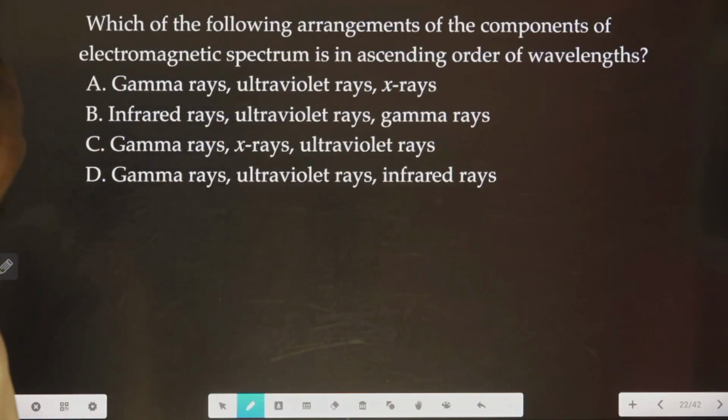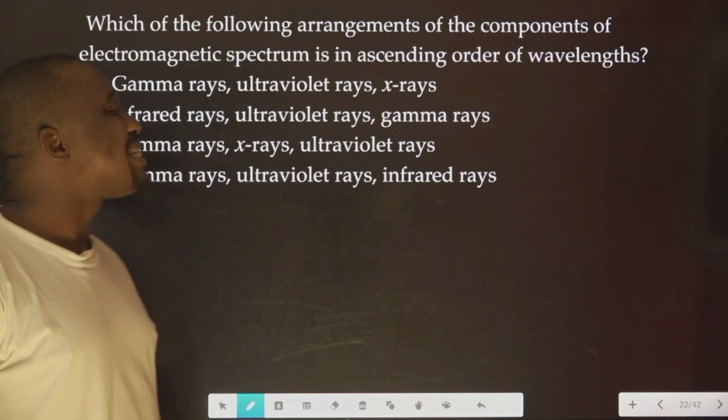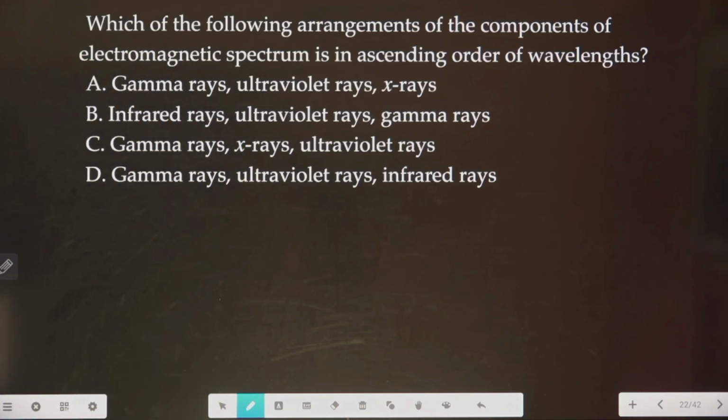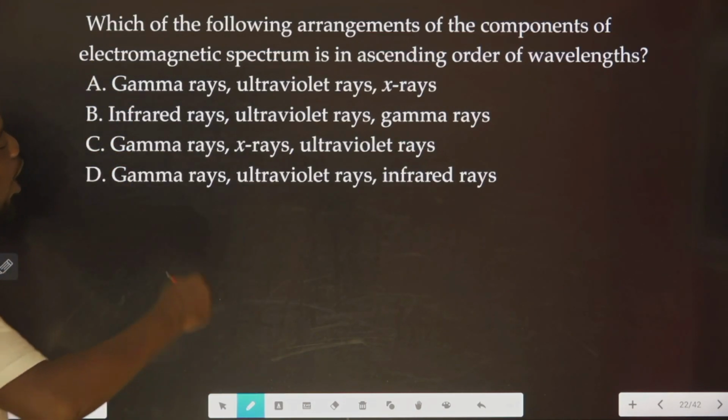Let's look at it. It says what? Which of the following arrangements of components of the electromagnetic spectrum is in ascending order of wavelengths? Before we even continue, let me give them to you how they are.